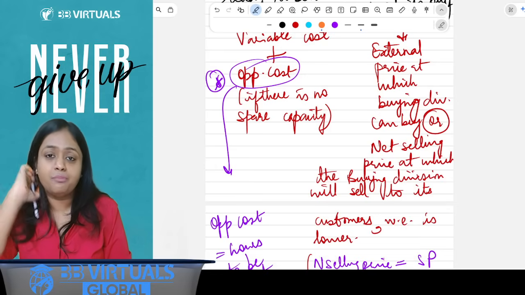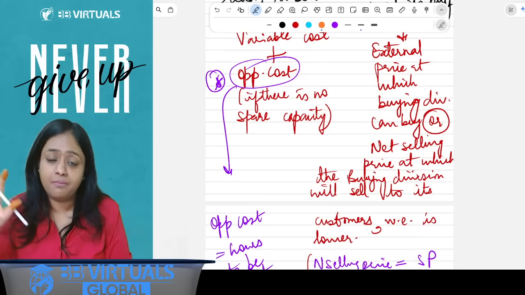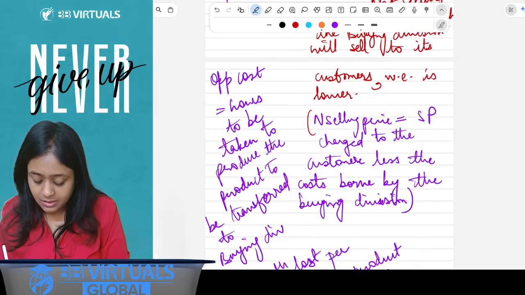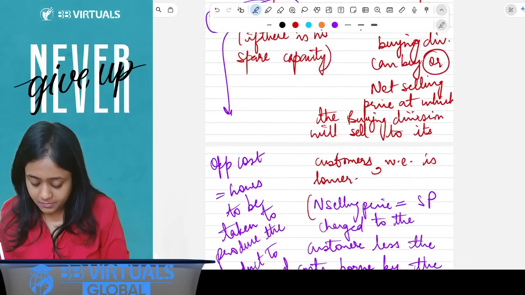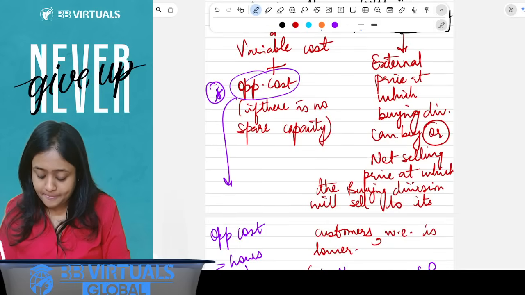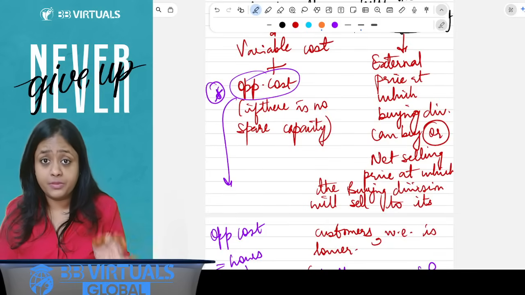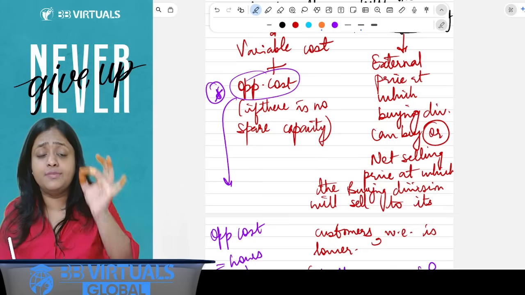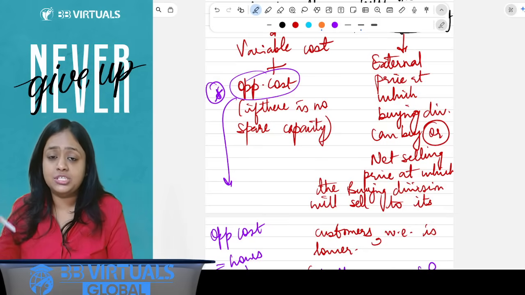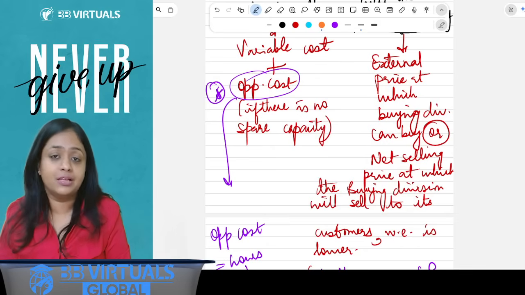Buying division will say, boss, the maximum price that I am ready to pay is the lower of the price that he will pay to buy from the market, or the price at which he's selling goods to the final customers.